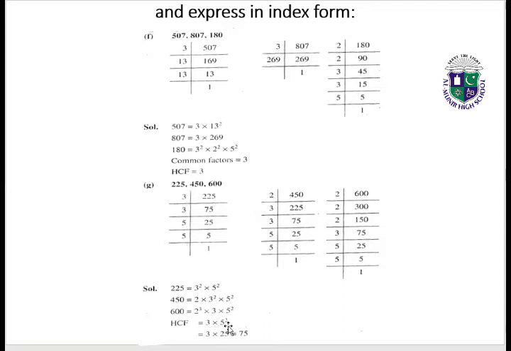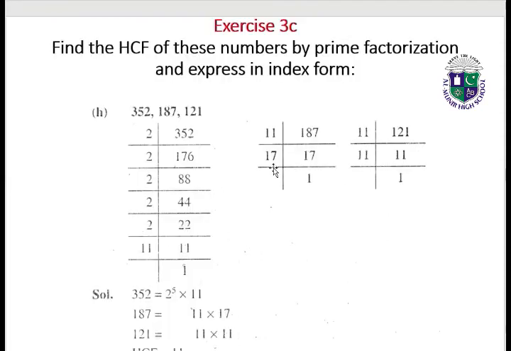The common factors are 3 and 5 square, and 5 5s are 25, 25 multiplied by 3, 25 3s are 75.